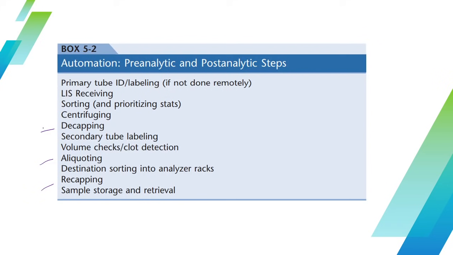Let me also point out LIS receiving. This is actually part of automation, and it is very good to have an LIS, or especially an HIS, a hospital information system.